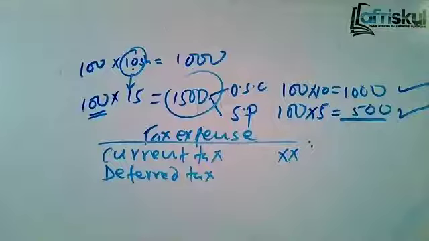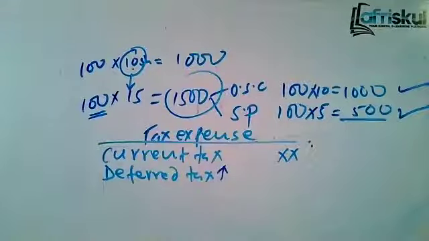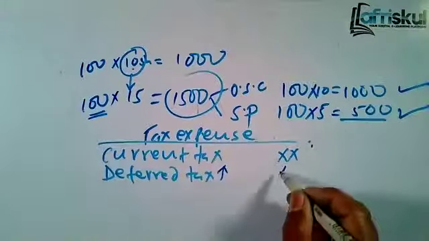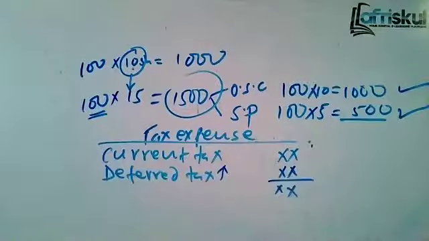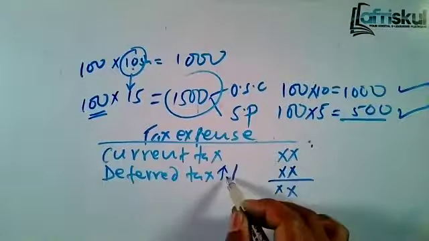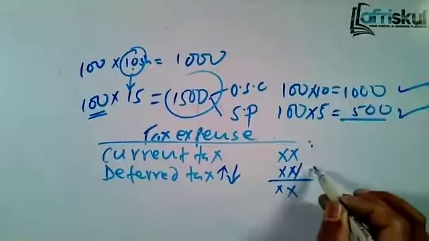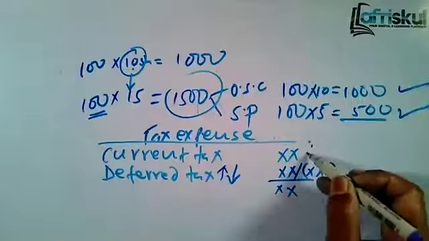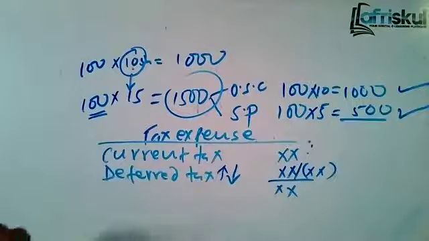Deferred tax, we have said, is just the movement, tax payable in the future. We have said if deferred tax increases, that one becomes an expense. Therefore, you add. That means you have to pay more taxes. If deferred tax reduces, it becomes an income. That means if it reduces, you deduct. You take the current tax minus the provision. That means you'll pay less. So to the tax expense, we have the current tax and the deferred tax.